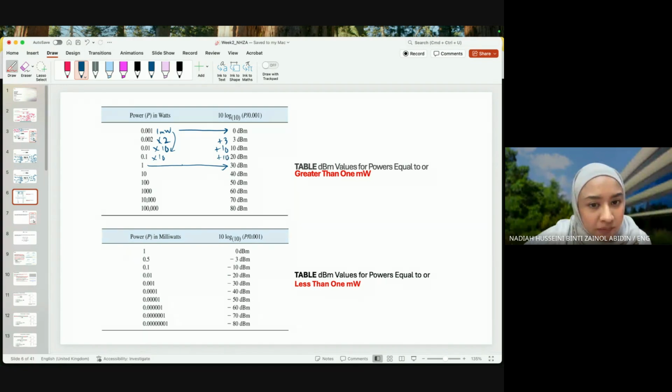I'm adding another 10. And another 10, I'm adding another 10 dBm here. So multiplying by 10 gives you a 10 dBm increase. Multiplying by 2 gives you a 3 dBm increase. This is the pattern that we discovered here.